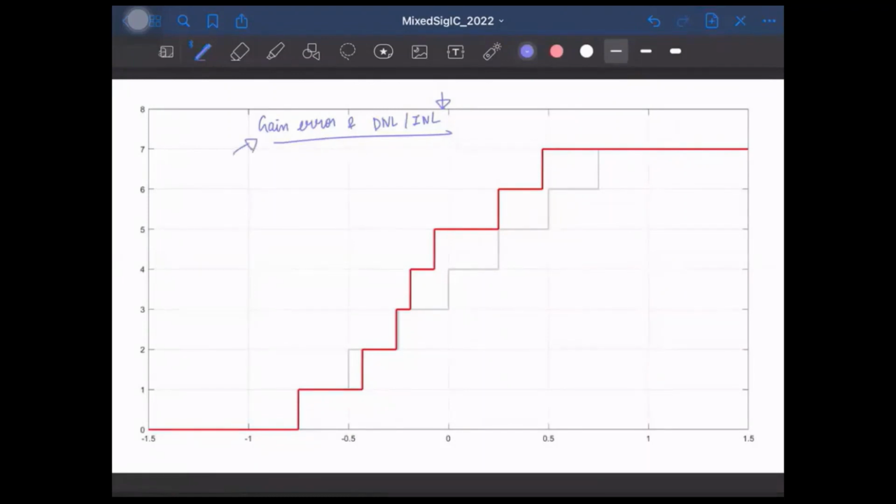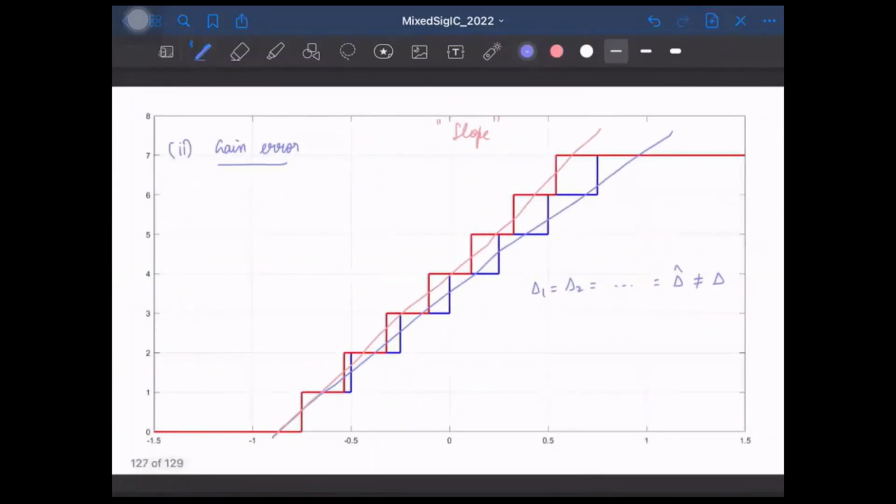Okay. Because let us say if you don't account for this gain error, and you try to compute the DNL, what you will do in this case, you will say DNL of any code K is equal to the step size or the code bit for that particular code, which is equal to this delta hat minus the ideal step size delta, by delta, and you will say that this has some DNL, right?